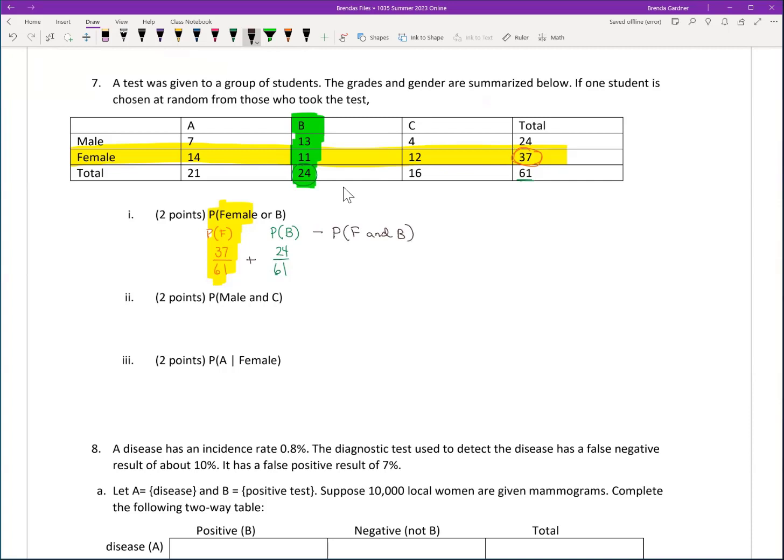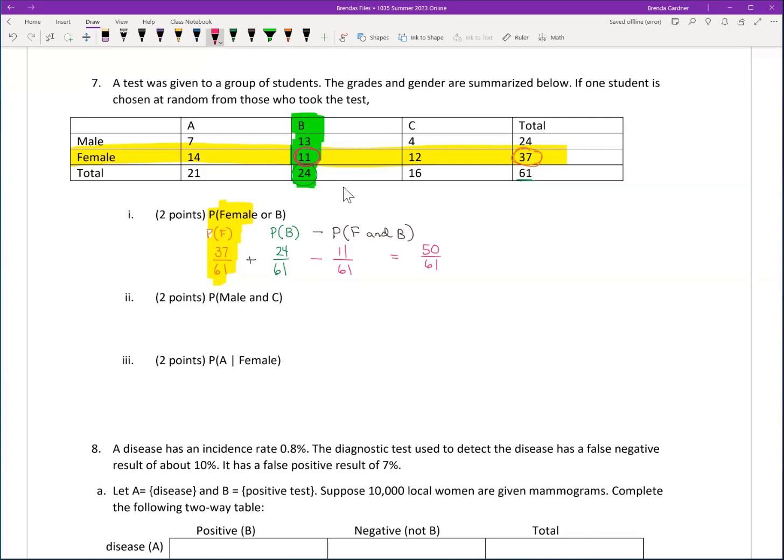If we look at our female row and our B column, we see the overlap is 11. So I'm going to subtract out 11 of those students. I'm going to get 37 plus 24 minus 11, or in other words, 50 out of 61.